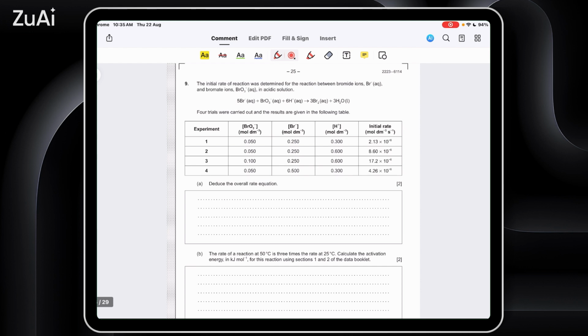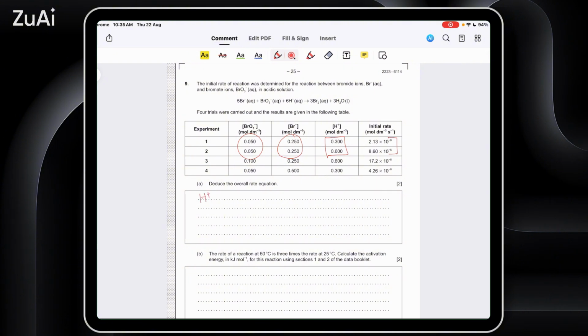Okay, reduce the overall rate. That's so easy a question. You have to see the change when the other things are constant. For example, look at this. The bromine concentration is constant, bromide is constant. You have to see the change in hydrogen and change in initial rate.